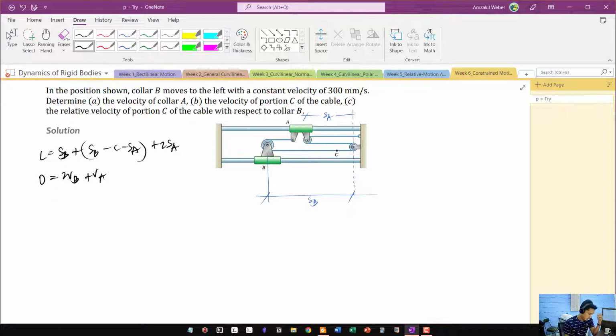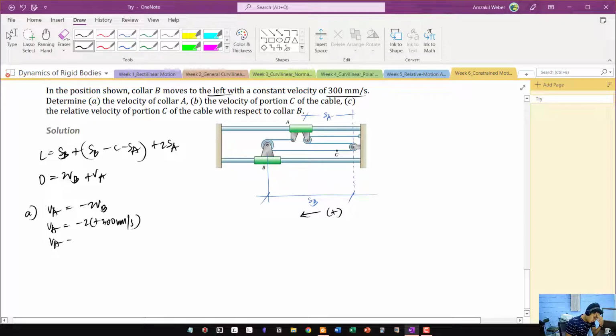Okay, so question A is the velocity of collar A. VA is negative 2VB, and the beam is moving 300 to the left. To the left means positive. So VA is equal to negative 2 times VB, which is positive 300 mm per second.